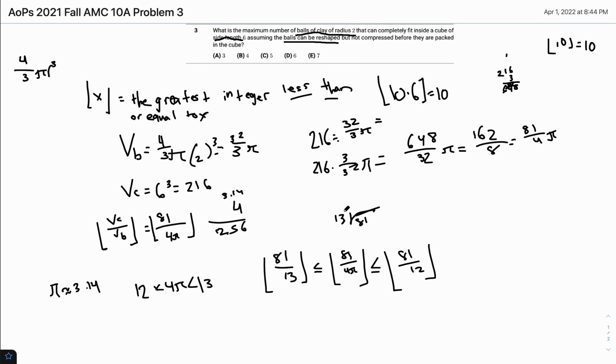So if we do this math, we can see that 13 times 6 would probably give us the closest, which was 3. So we get 6 remainder 3, but with floor functions, that's just 6. So 6 is less than or equal to 81 over 4 pi, which is less than or equal to 81 over 12. Dividing 81 by 12, we'll probably want to get 6, but let's just check. 72, 9, so 6 with the remainder of 9, but we take the 6.